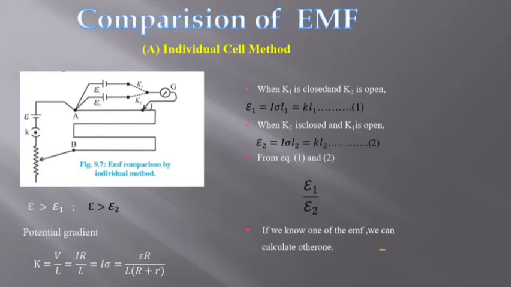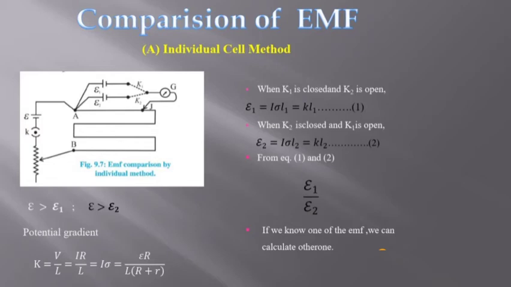So we get the first equation E1 equals KL1, where K is the potential gradient, and we get the second equation at the time when K2 is closed and K1 is open. At that time we get E2 equal to KL2.